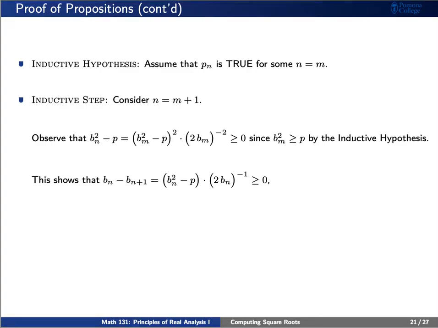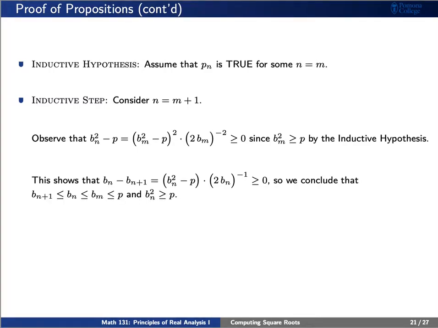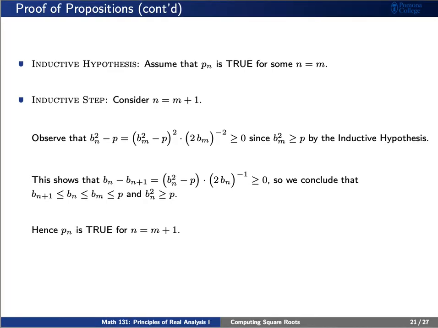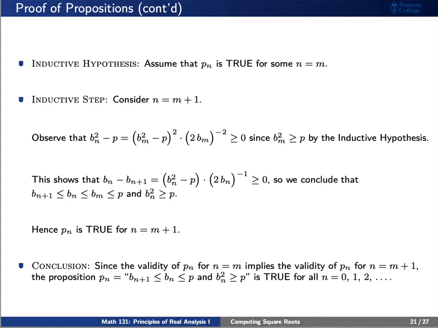By looking at the difference of the consecutive terms, in this case b sub n minus b sub n plus 1, we see that this again is the ratio of two positive terms, therefore it's positive. So we do conclude that we have our decreasing sequence. Hence the proposition is true for n equals m plus 1. So we conclude that it must be true for all non-negative integers n.